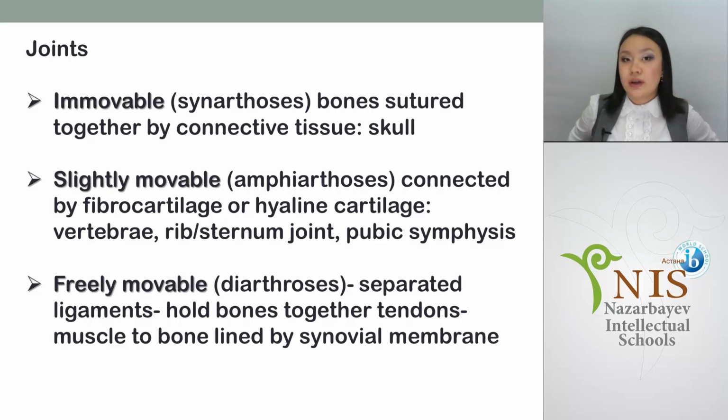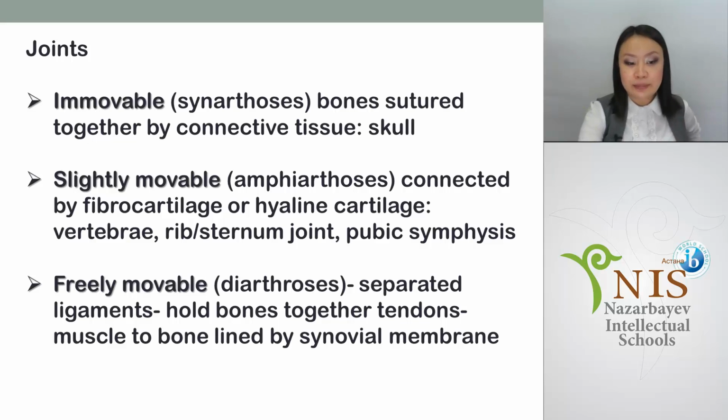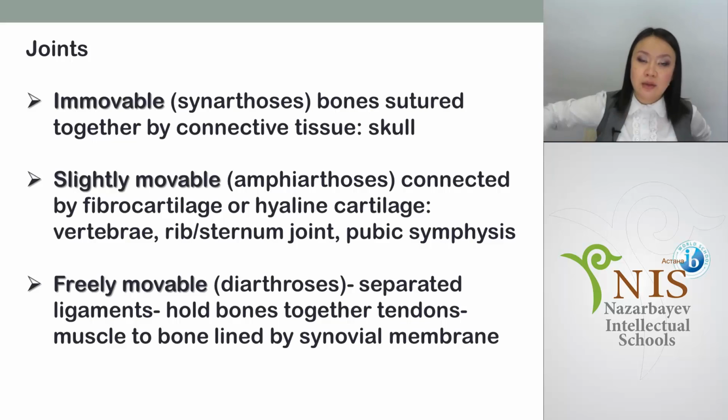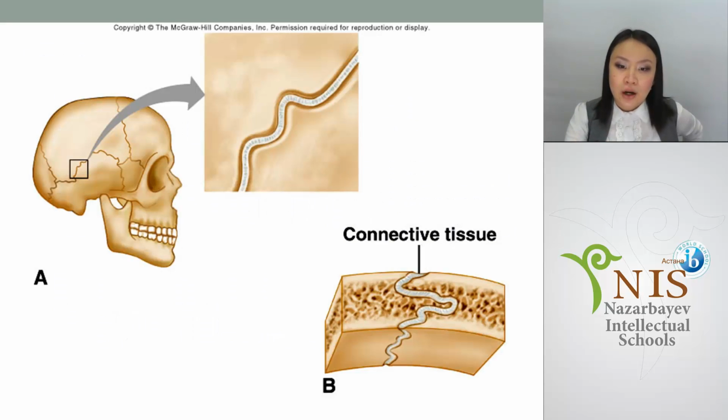If you look at your vertebrae, you can move them because they are slightly movable. And freely movable joints, where ligaments hold bones together, and tendons, for example muscle to bone, lined by synovial membrane, for example, your limbs.